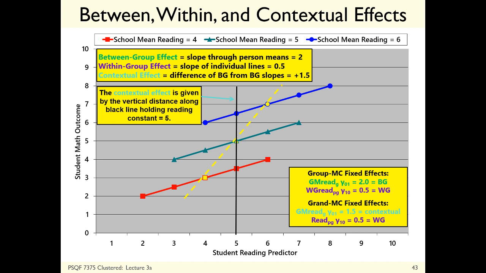And that's what the smushed effect gives you without testing for it. So the other way to think about the contextual effect is as your formal test of smushing. If the between and within effects are the same, their difference will be 0. The contextual effect will be 0.